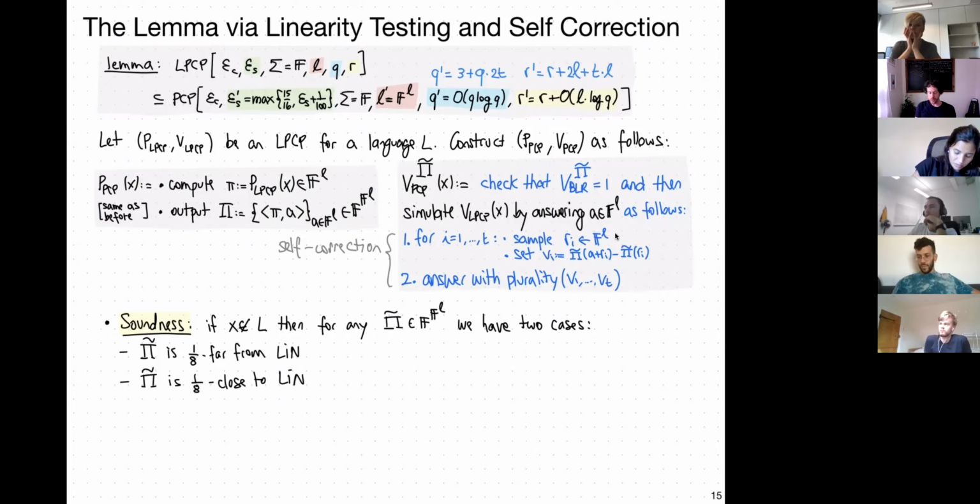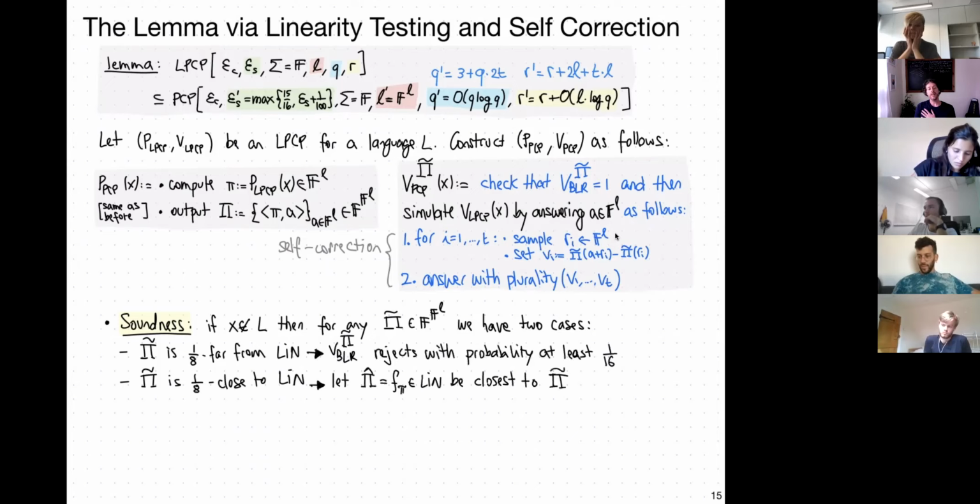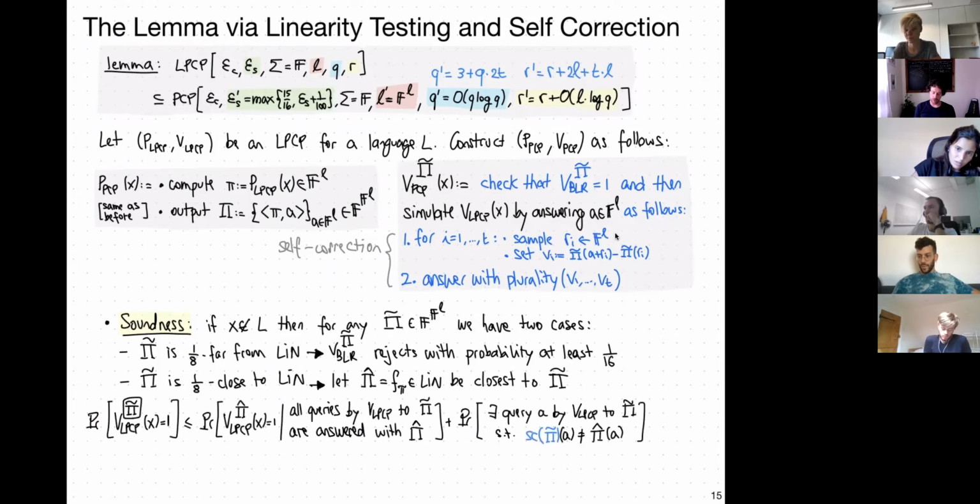And for soundness, we'll keep having these two cases. One of them, the proof is far from being linear, in which case we'll reject. The other case, we're close to linear, and then using the self-correction, we'll get with high probability the non-corrupted values, so we can emulate access to the real linear function, and then we'll accept according to the linear PCP.